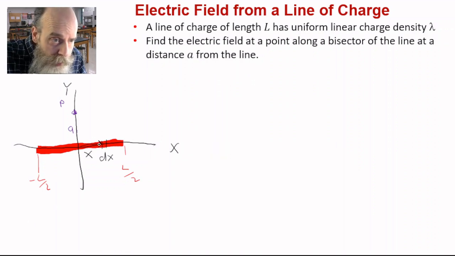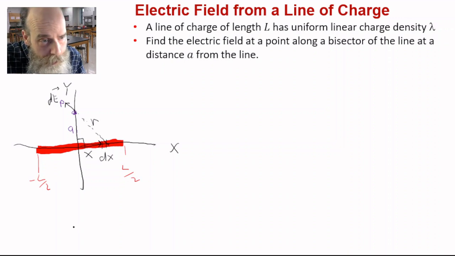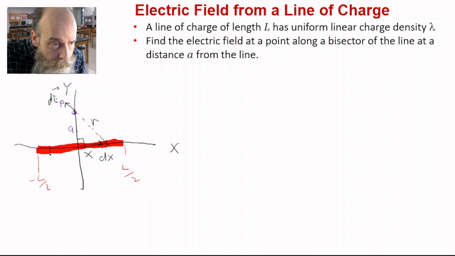Now the electric field produced at point P from the dx is in this direction, right there. And we'll call that dE. And this distance here is r. And this is a right angle triangle. Now there's another dE produced by the strip of charge dx on the other side of the y-axis, and it's a dE of the same magnitude.